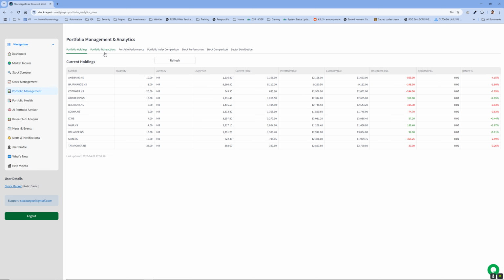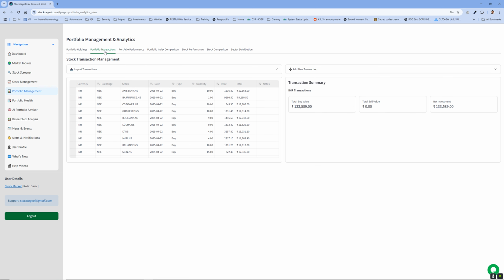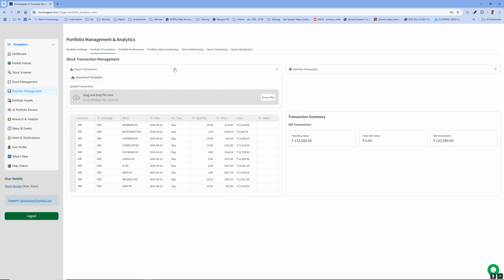Now, to begin with, you can go to portfolio transactions and add your stocks. There are two mechanisms to add stocks to this portfolio. One is an automated mechanism where you can export the brokerage transaction log.